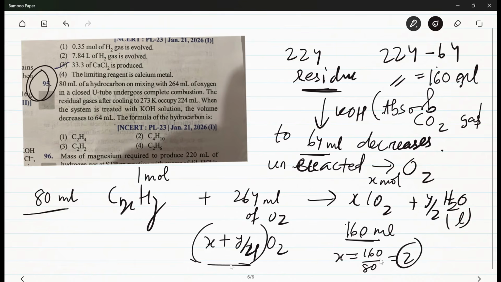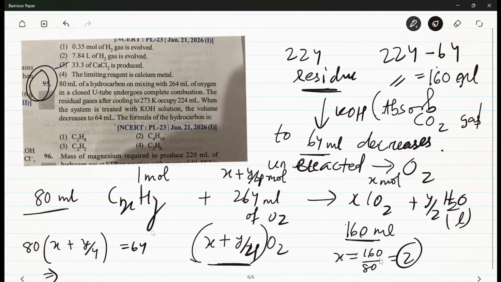Now let's solve from here. x plus y by 4 is equal to 64. Now you see, 1 mole reacts with x plus y by 4 moles. 1 ml will react with x plus y by 4 ml. 80 ml will react with 80 into x plus y by 4 ml.